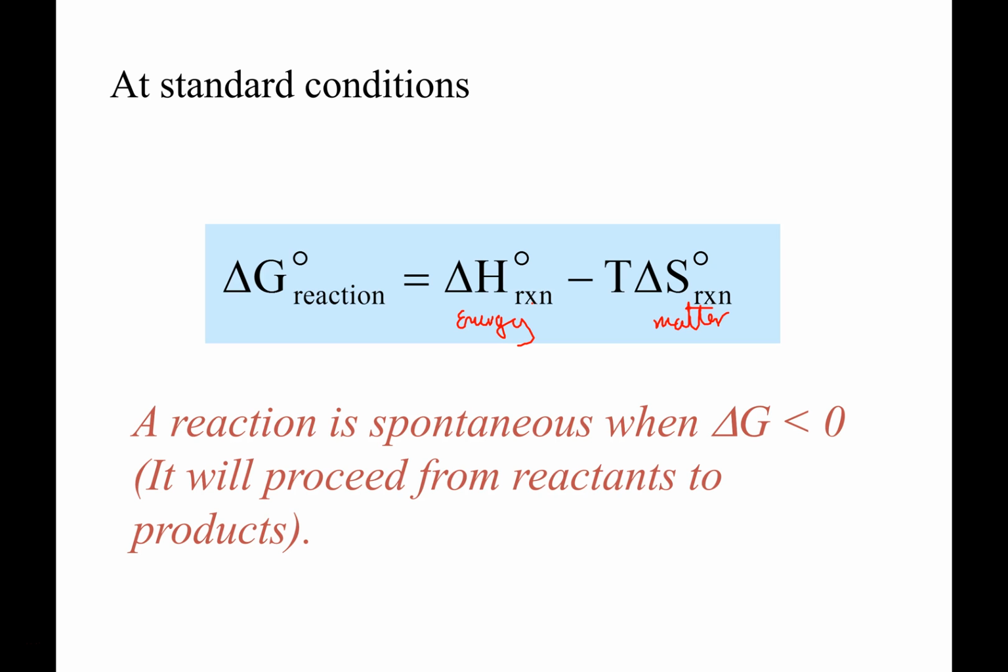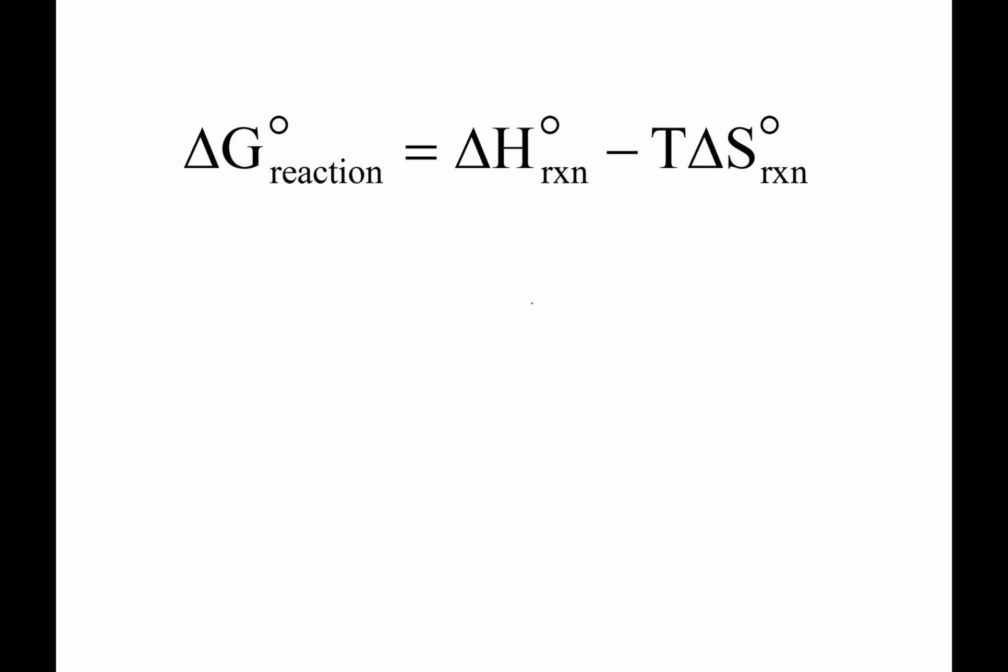A positive entropy change is a good thing for spontaneity, and we're subtracting, so we introduce a negative there. So that all works. If Gibbs free energy is negative, taking into account the change in enthalpy and entropy, then it's spontaneous as written.